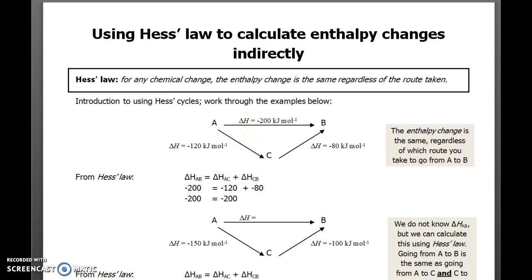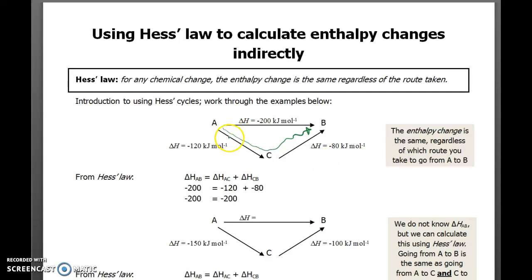But what we are thinking is that perhaps we could get from A to B going via C, and then from C to B. So the reaction A to C has got an enthalpy change value of minus 120 kilojoules per mole. The reaction C to B has got an enthalpy change of minus 80 kilojoules per mole.